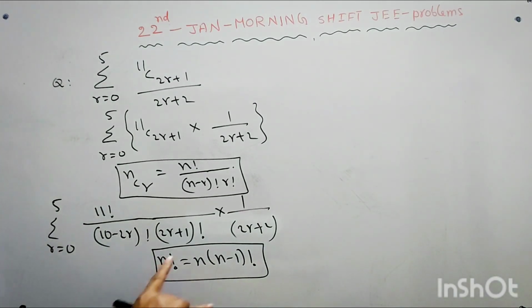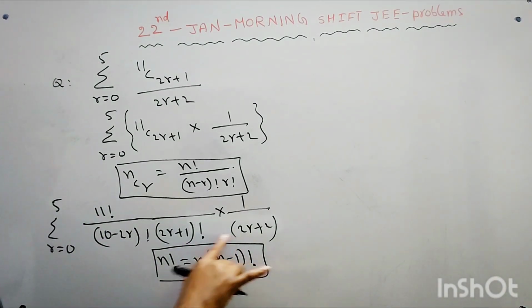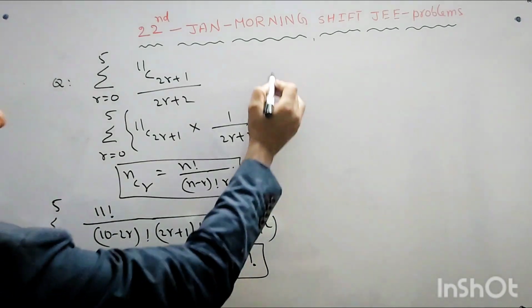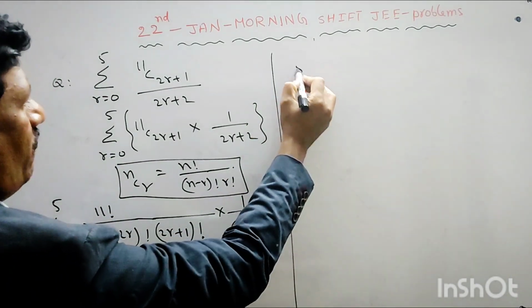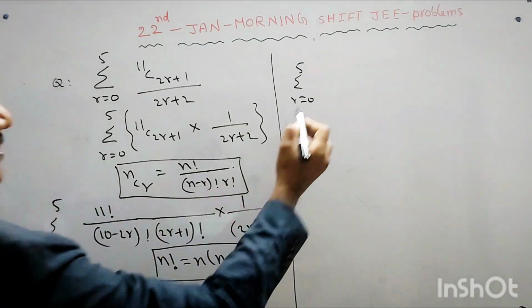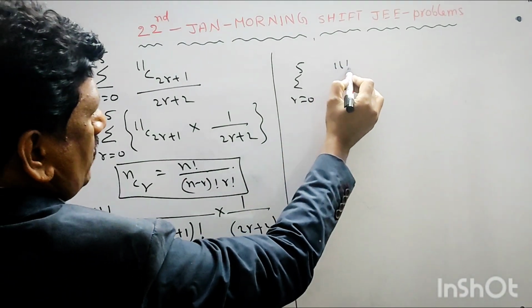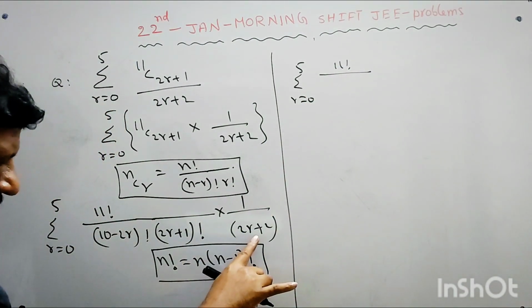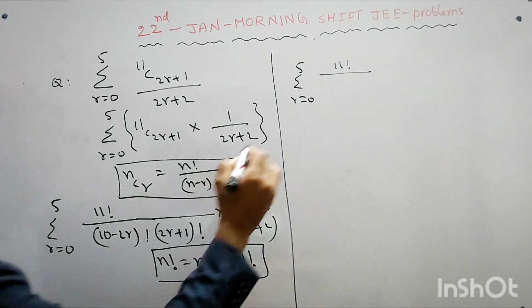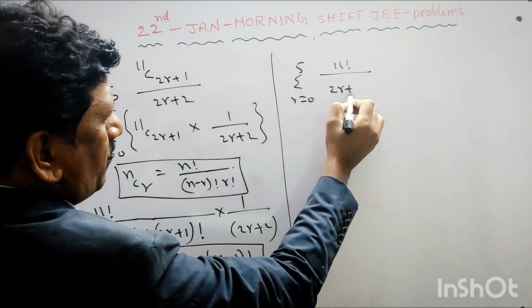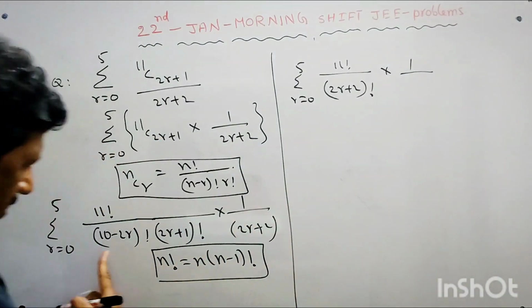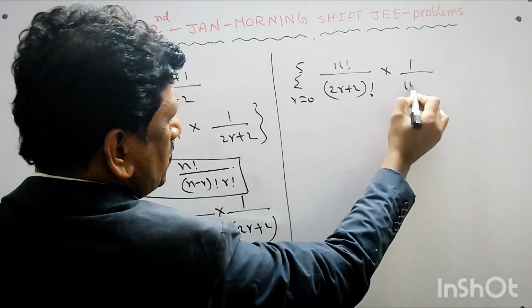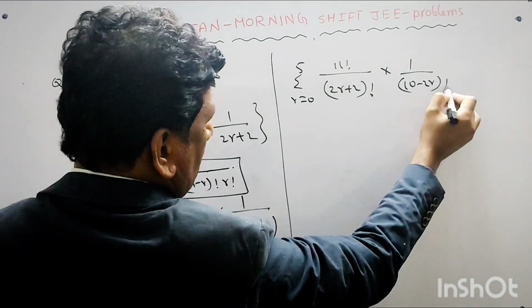Now, instead of these two steps, I am going to write it like this. The summation of r is equal to 0 to 5, 11 factorial by (2r plus 2) factorial into 1 by (10 minus 2r) factorial.